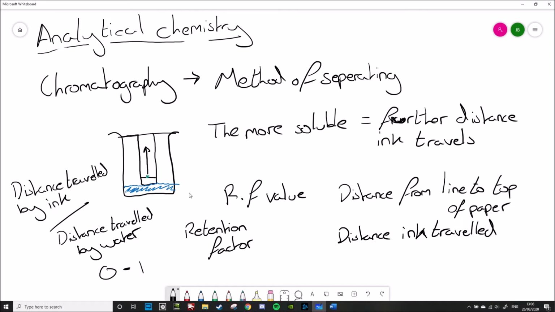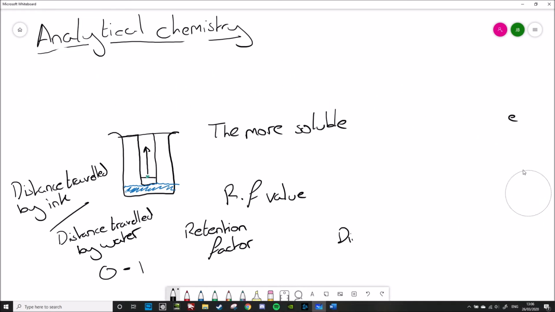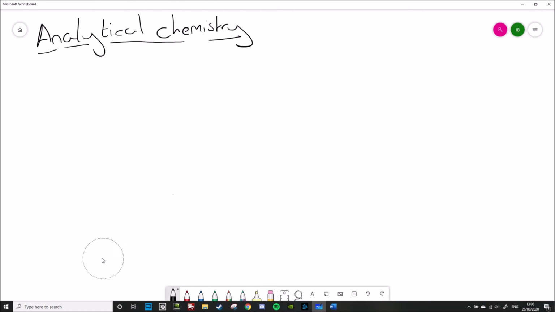Now we need to talk a little bit about different tests for gases. So we've got several different gases we need to know for. We've got hydrogen, oxygen, carbon dioxide, and we've got halides.